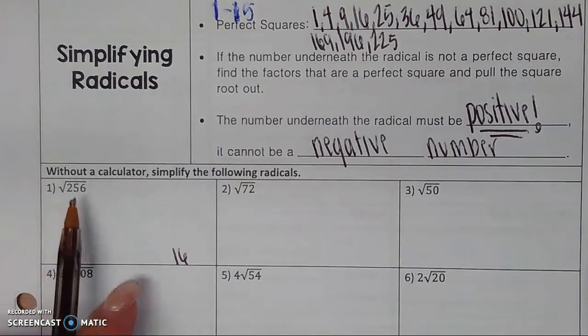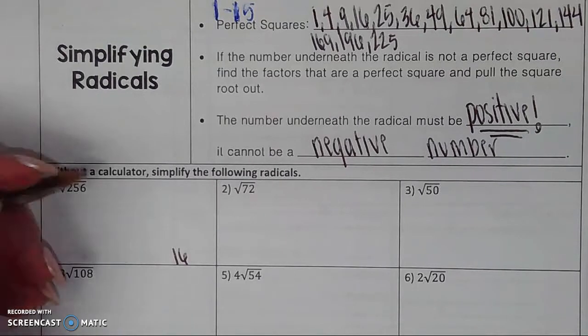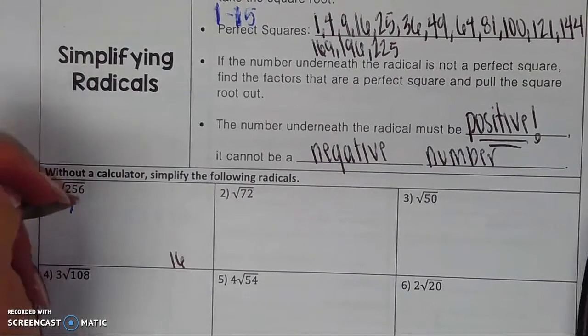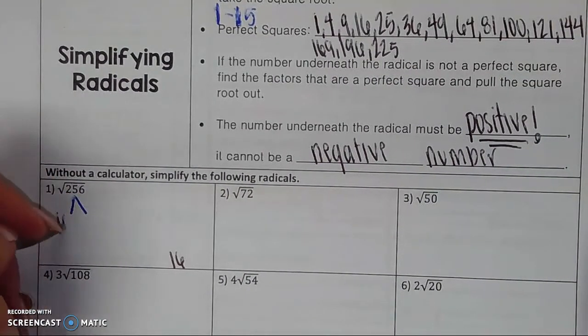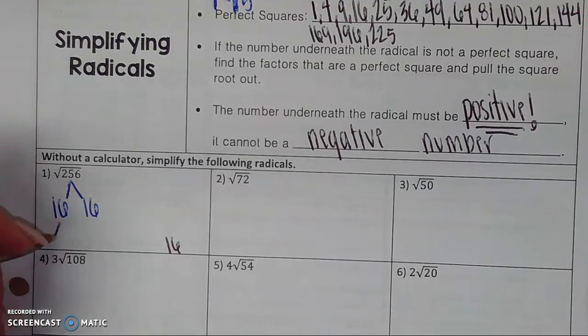Okay, so let's start with 256. 256 is actually a perfect square. It is 16 times 16, but just to show you how that works, I'm going to draw out my little factors. 16 times 16.